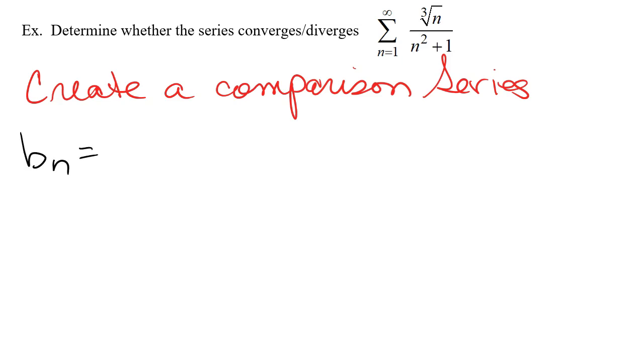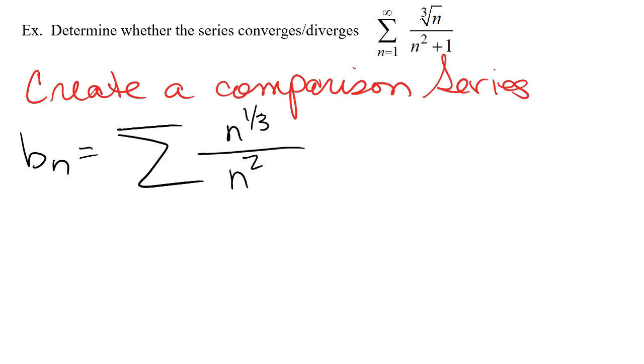And the way we find b sub n is we're going to take the variable with the highest power in the numerator. That would be n to the 1/3, and divide it by the variable with the highest power in the denominator, which is n squared, from n equal 1 to infinity. Now we need to simplify this.